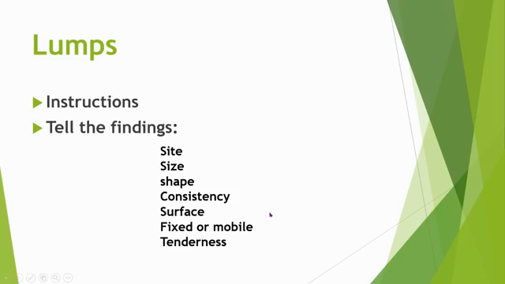Like in the hypogastrium region, you find a lump in the midline. You found a mass which is mobile downwards, upwards, and another one is mobile side to side.